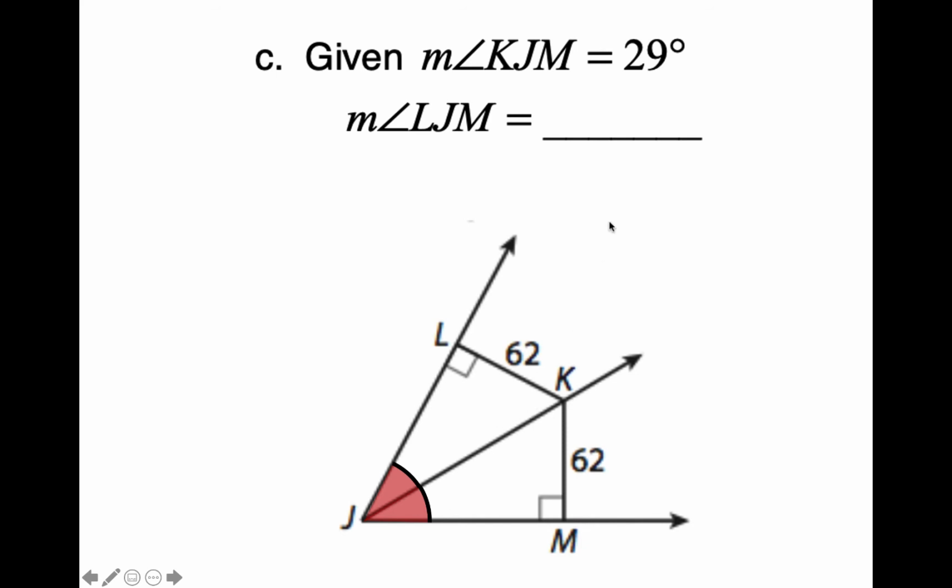We also know that angle KJM is 29 degrees by the given. So if this is 29, we know this has to be 29. They're wanting the measure of angle LJM. Notice that's the big angle, so you would add 29 plus 29 and get 58 degrees.